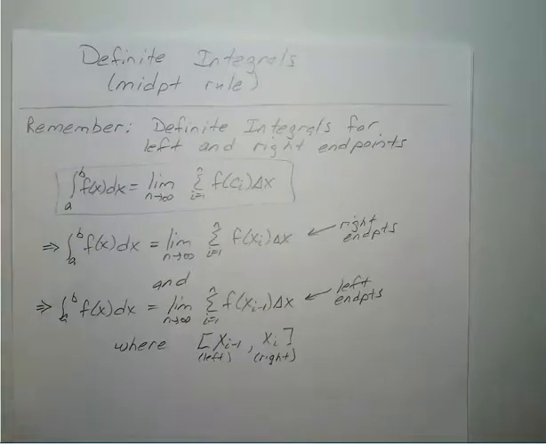And for the left endpoint, your c sub i becomes x sub i minus 1. Of course, your x sub i minus 1 is the left, and your x sub i is your right endpoint.